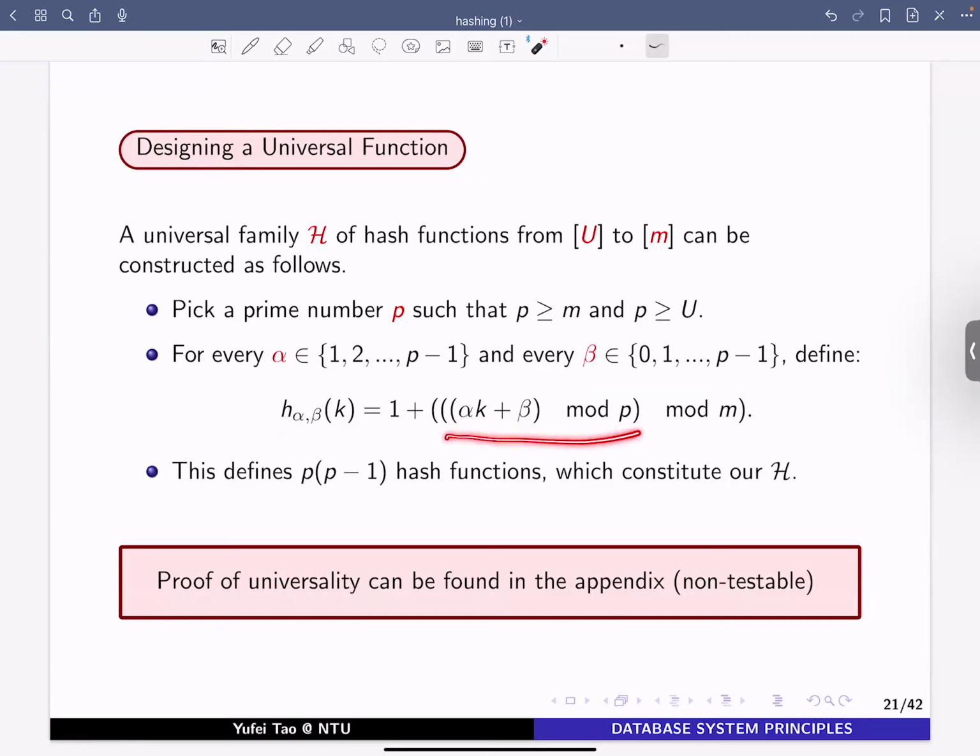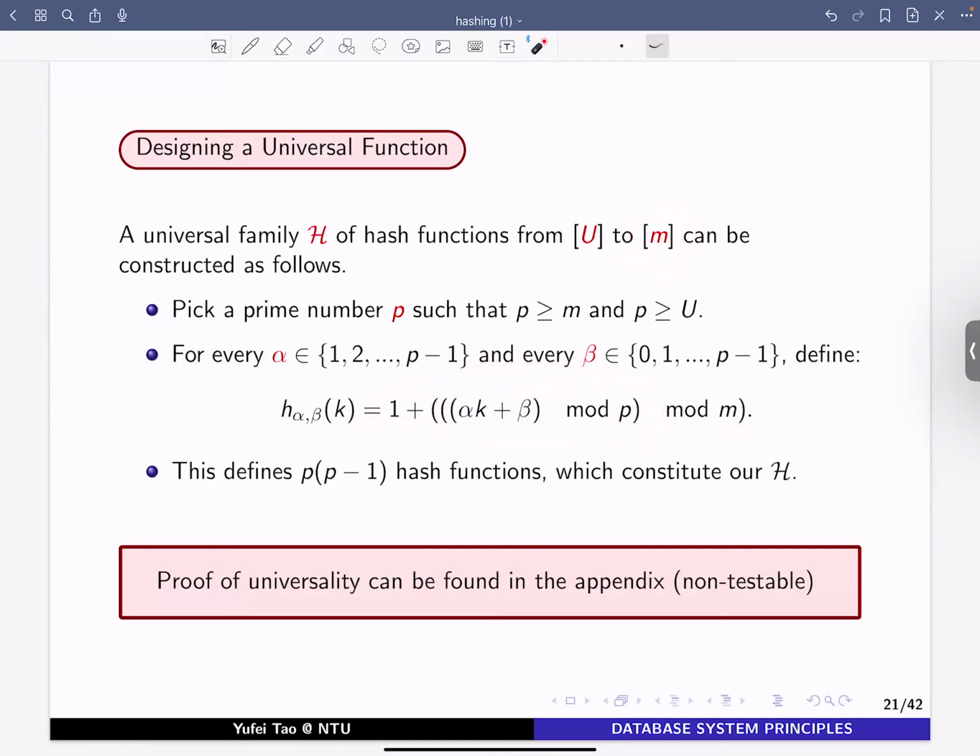And then you get this thing, which already feels quite chaotic, right? And then you take everything modulo m, so you divide this whole thing by m, and then you take the remainder. Now finally, you add 1 to it, so that you will get a value in the range from 1 to m. So this is what we promised.